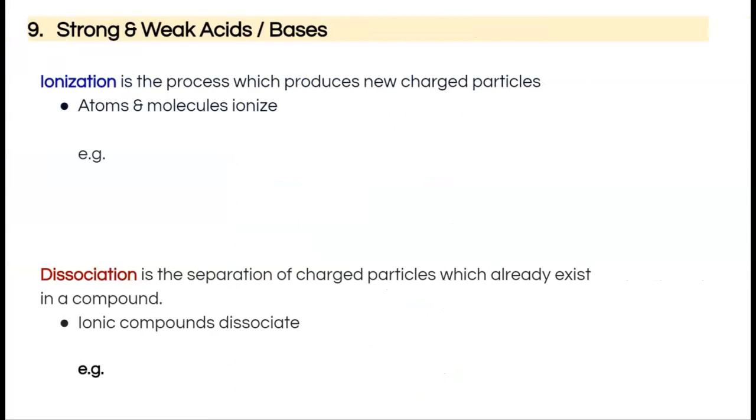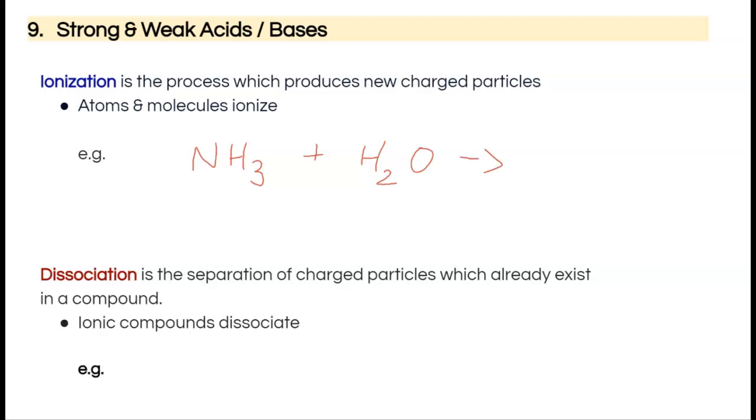Before we do that, I want to differentiate for you the terms ionization and dissociation. So ionization is when you take a particle that is neutral and you create ions. So let me give you an example of that. A great example would be if I were to take ammonia and hydrolyze it using water.